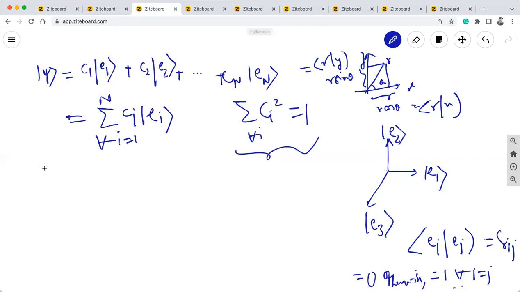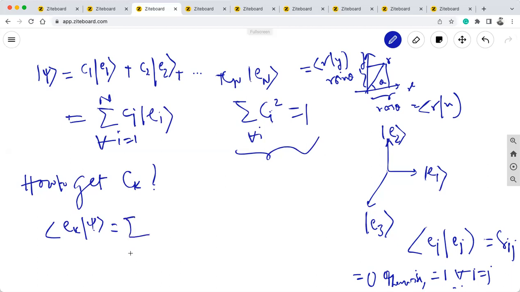So how to find this Ci part, or how to get a particular Ck coefficient? The typical rule is you can take the dot product of any basis, say for example Ek, with your wave function chi. If you do that, you will get a summation.